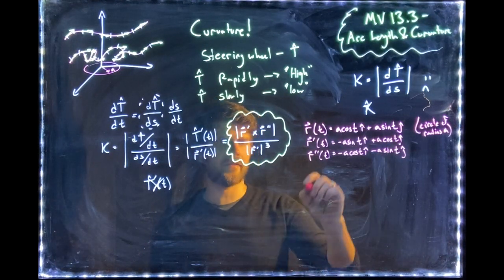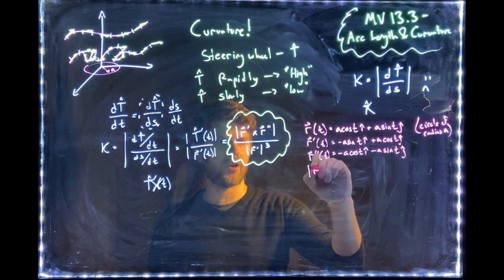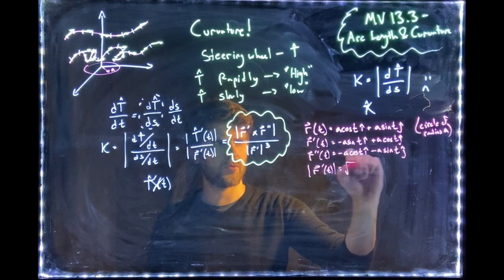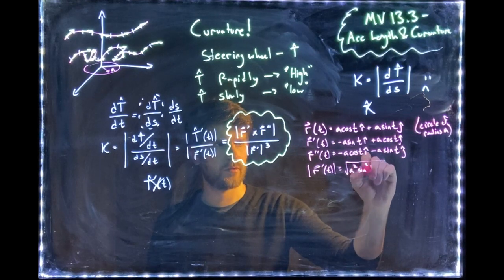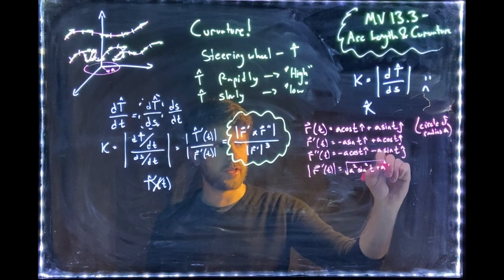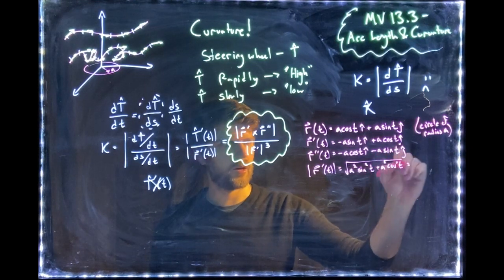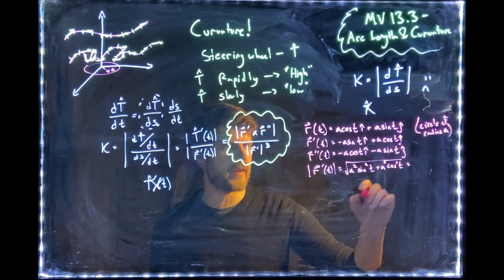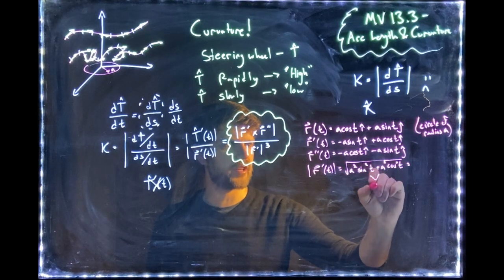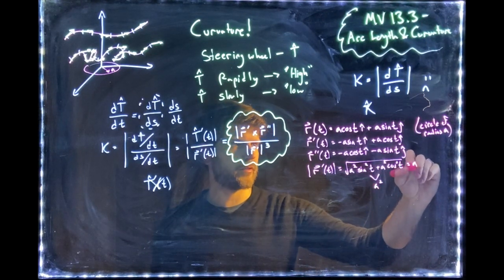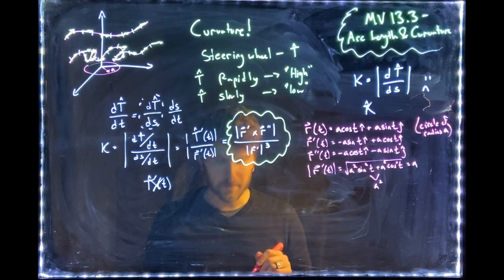We will also go ahead and find the magnitude of r prime, which will be the root of a squared sine squared plus a squared cosine squared. Well, a little bit of factoring should convince you that this is just the square root of a squared. So the magnitude of r prime is just a.